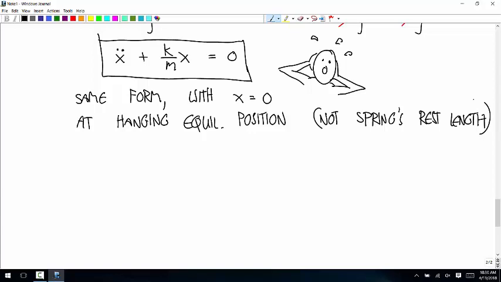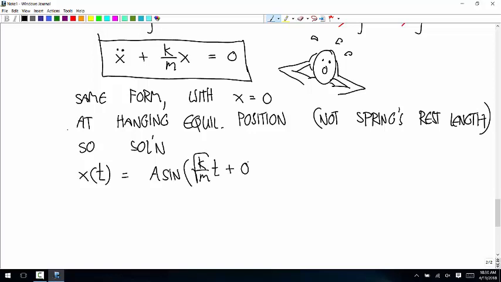And I think just intuitively it's a little surprising that it works out the same. I mean, this says that the solution has to be the same. So x as a function of time is equal to a times the sine of the quantity square root of k over m times t plus phi.